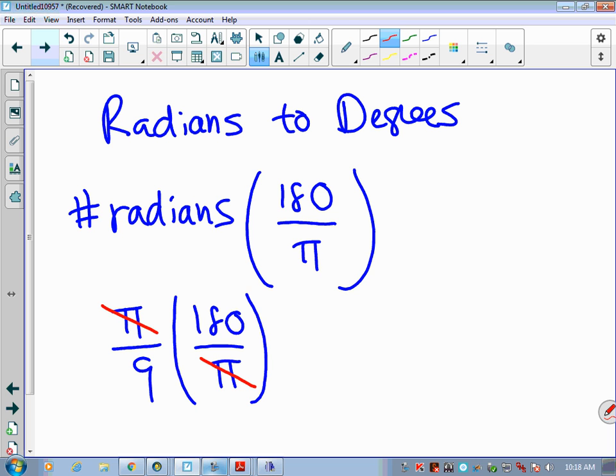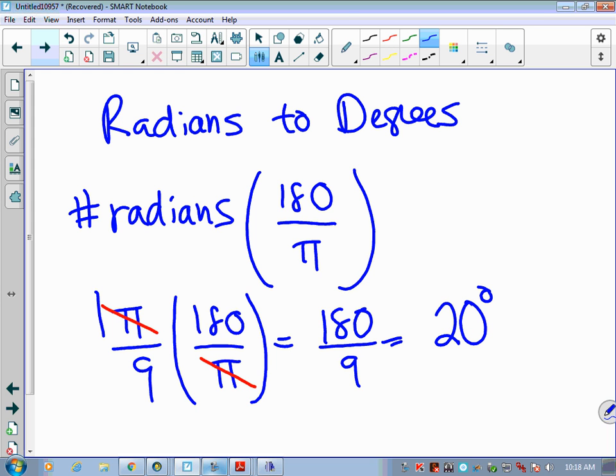And I will always have a pi on top and a pi on the bottom when I'm converting from radians to degrees. So what number was next to that pi, though? 1. So this is really 1/9 times 180. And so that's going to be 180 divided by 9. Well, what's 180 divided by 9? So I got the 20 degrees back.